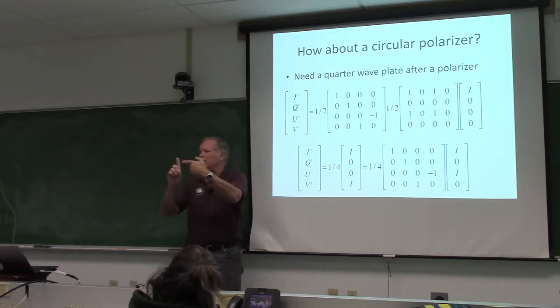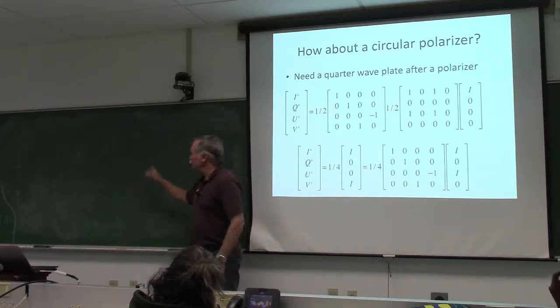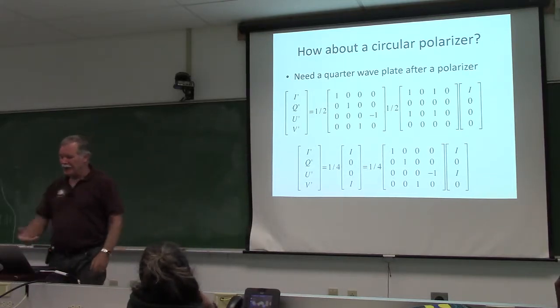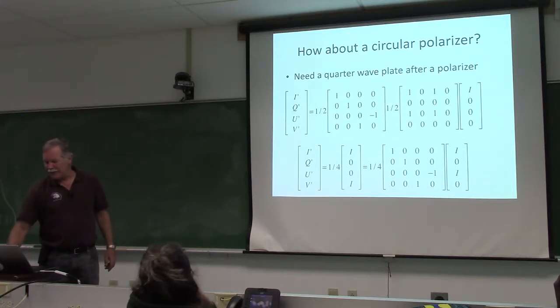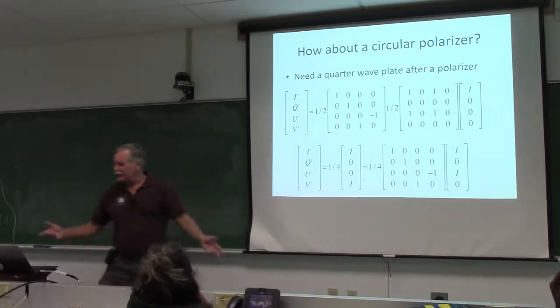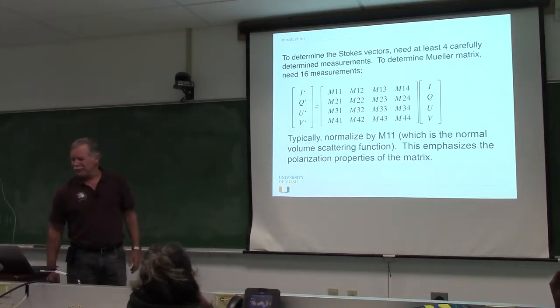Light along this direction is going to end up going a little bit slower or faster than on this coordinate. So when you get out, they're out of phase with each other by 90 degrees, which is our pi over 2 that we had, so it becomes circularly polarized. And so if you do this, you end up with circularly polarized light at the end. So these matrices all work pretty well.